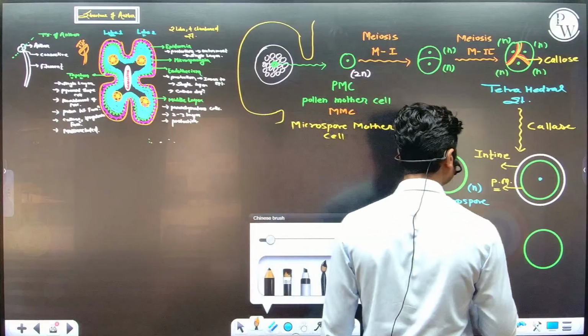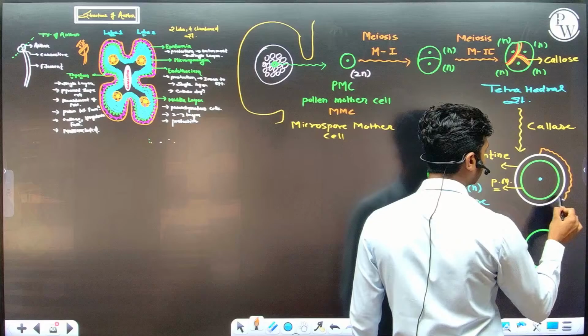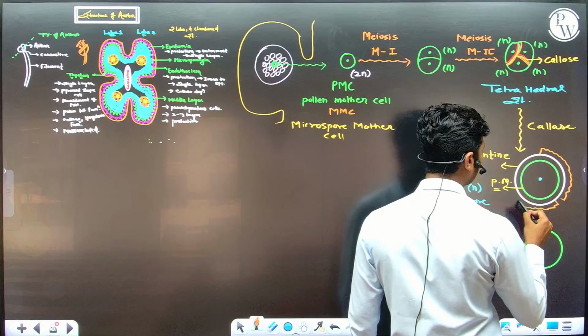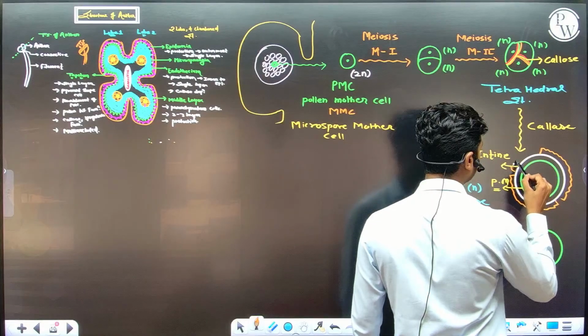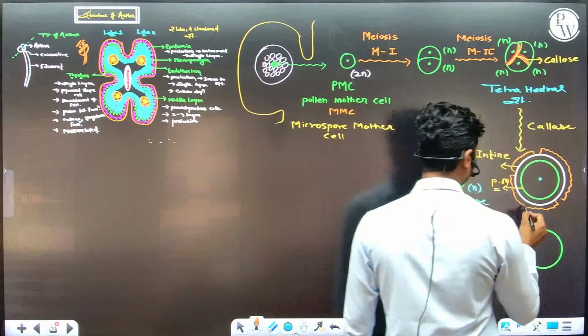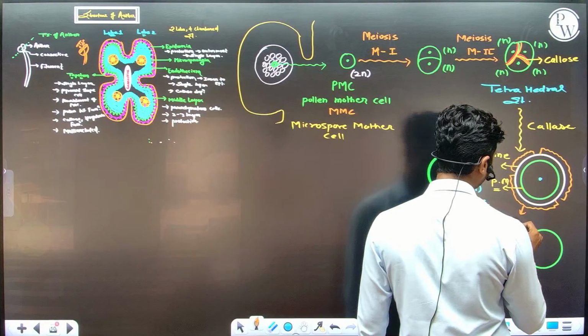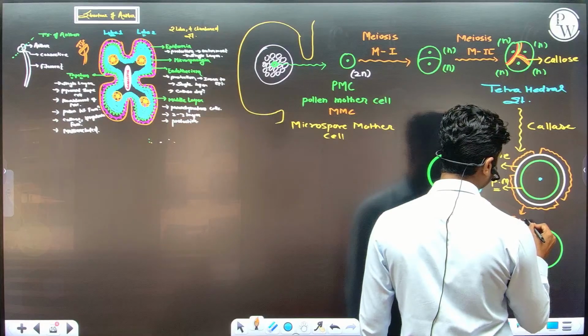Outside this, there is one discontinuous layer, formed by sporopollenin, known as the exine.